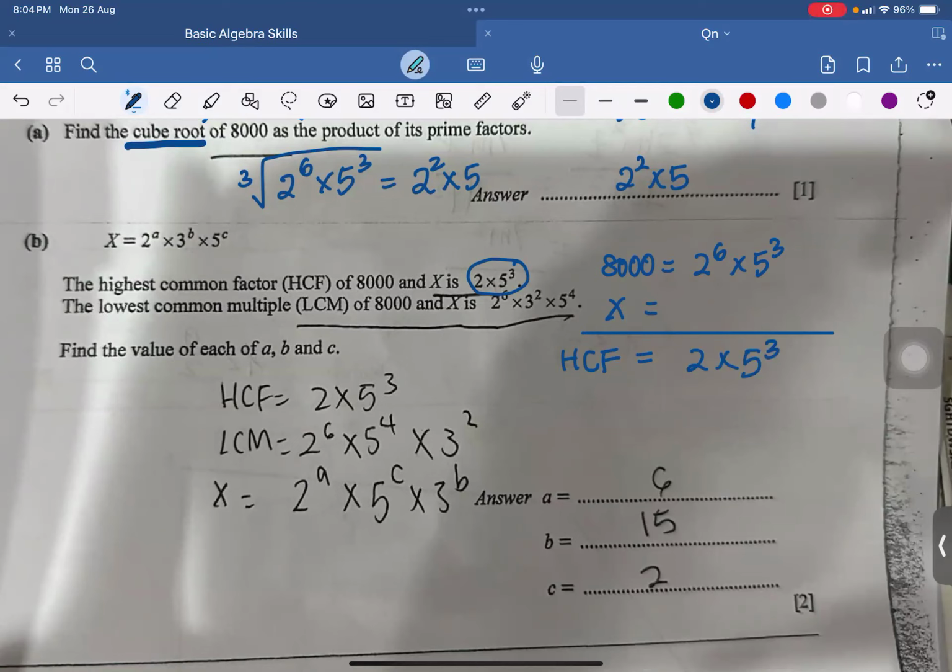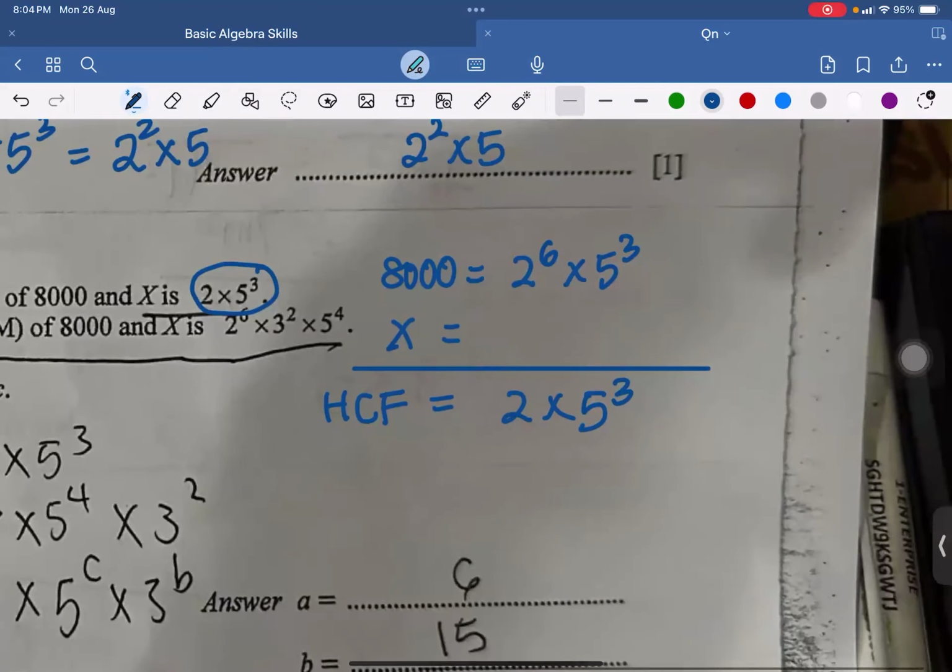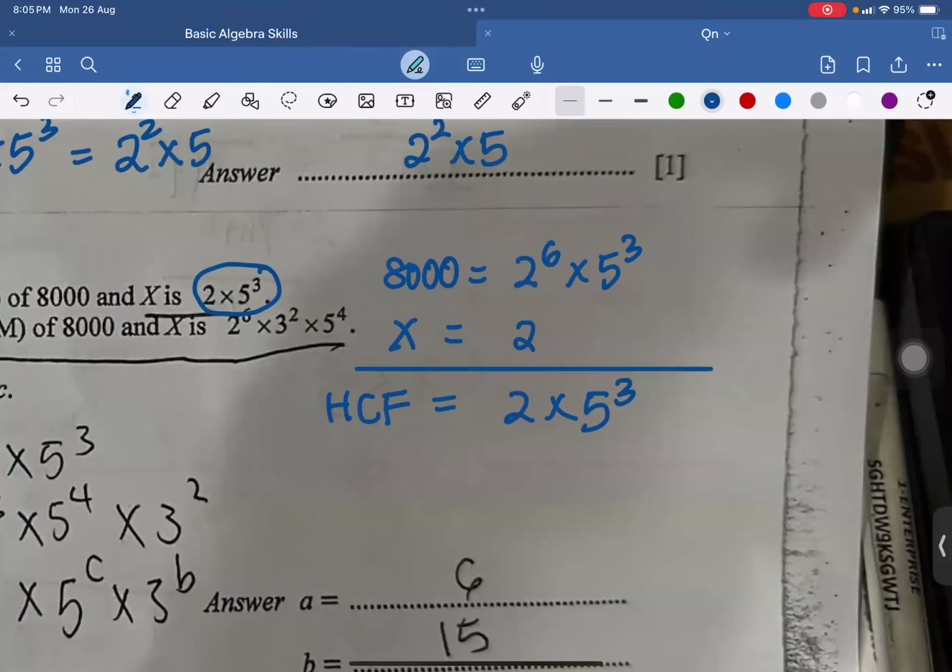What does this mean? Meaning my x number over here definitely must have 2, definitely must have 5 cube. Highest common factor means everything that is common. So it must have a factor 2 and a factor 5 cube to start off with.